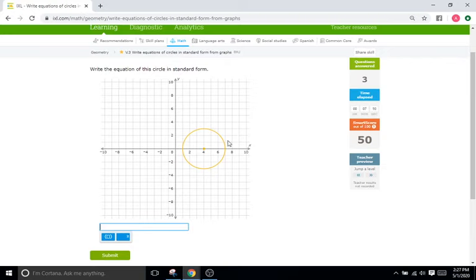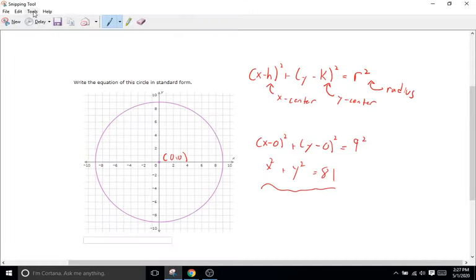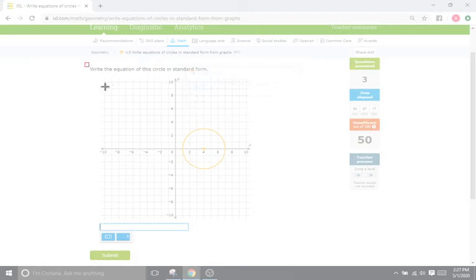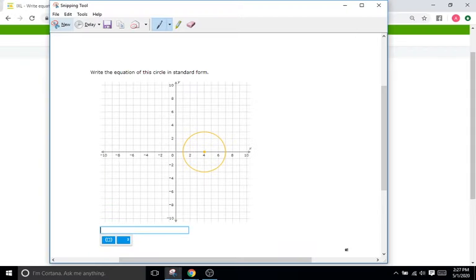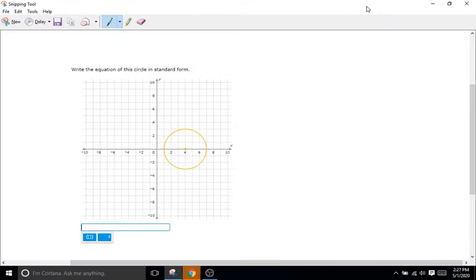Okay, finally, the circle is not at the origin, so it will be a little bit different. So I will draw this one back up here. Okay. So our standard form is going to be (x minus h) squared plus (y minus k) squared equals r squared.